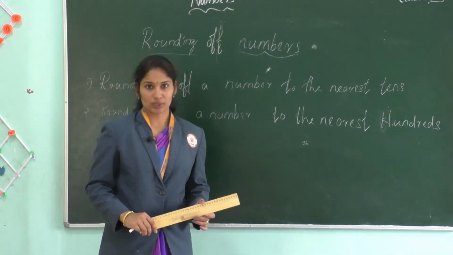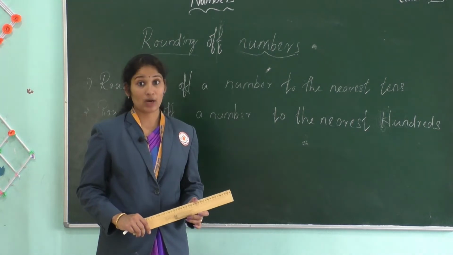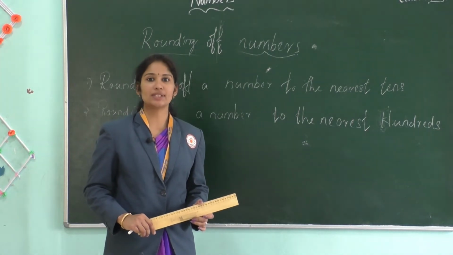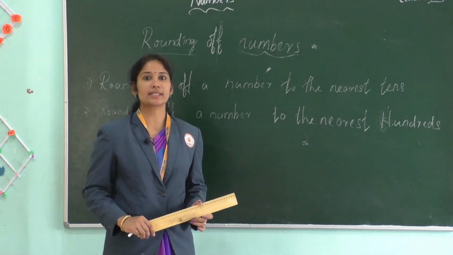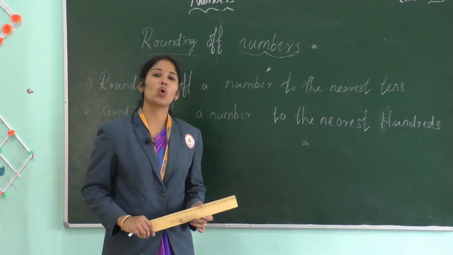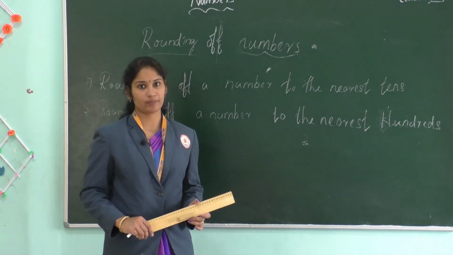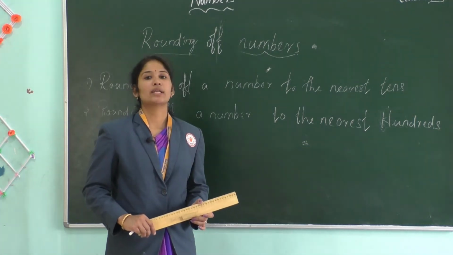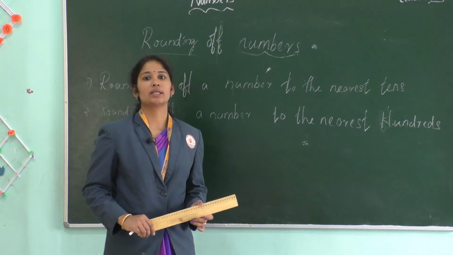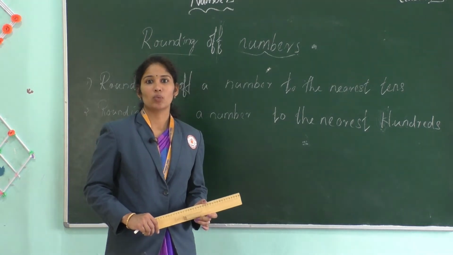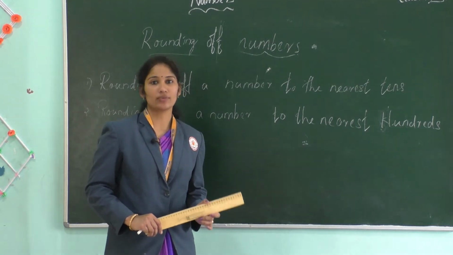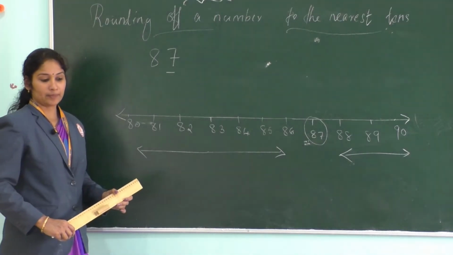There are two rules. First one, we round up the number when the digit at the one's place is either 5 or greater than 5. Second rule, we round down when the digit at the one's place is less than 5. Let's see an example.